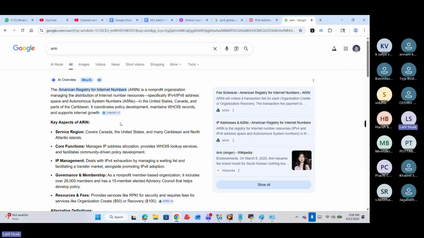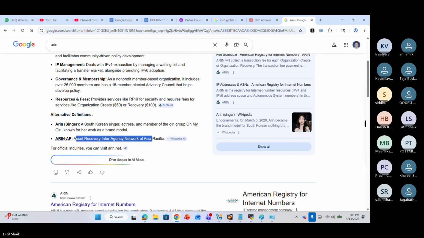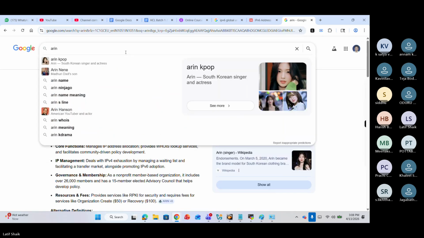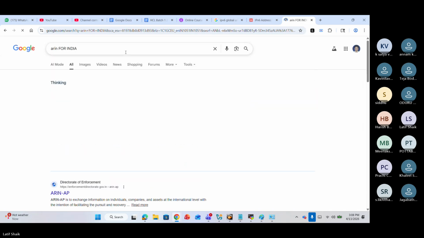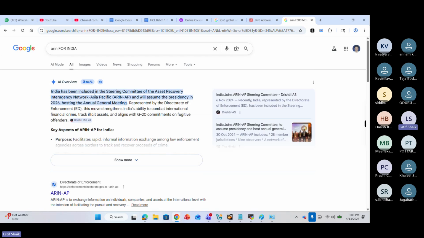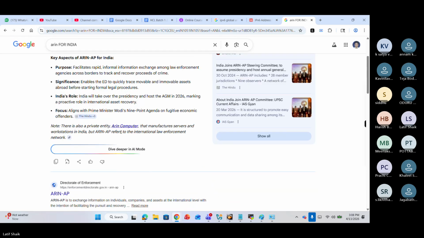So what about APNIC, Asia specific? India included.